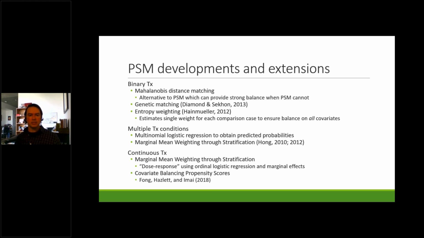For continuous treatments, I've used and traditionally seen marginal mean weighting through stratification used in what is commonly referred to as the dose response literature. Dose response uses ordinal logistic regression and marginal effects to obtain a dose response curve in which you can examine the differences between the initial dose and all other subsequent doses.